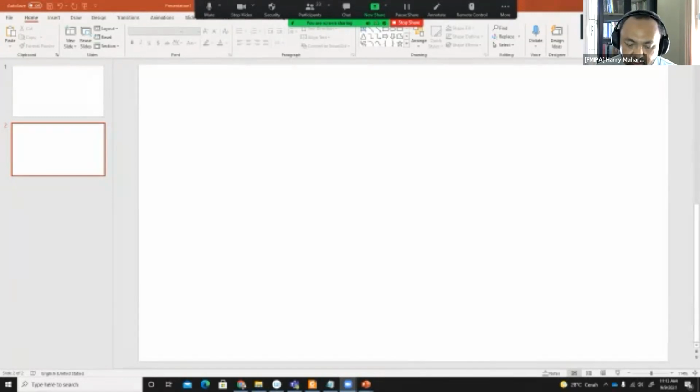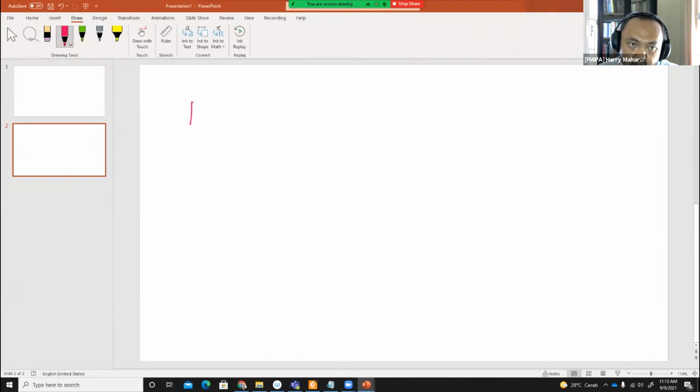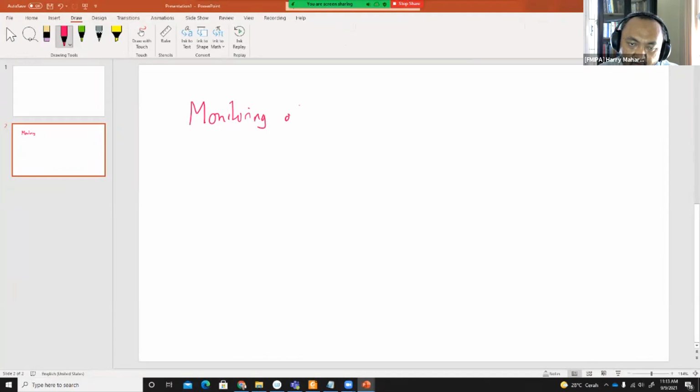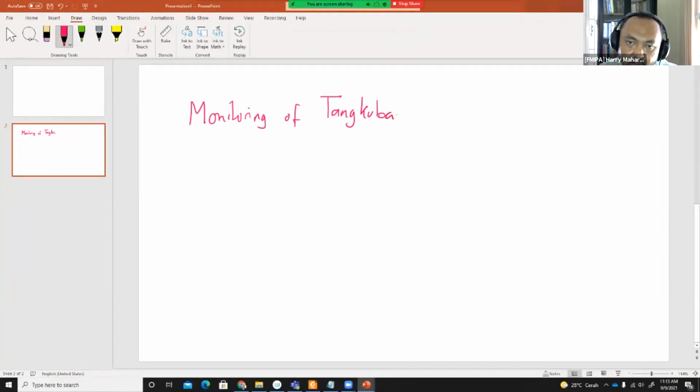Okay, so for example, if we are going to look for a certain topic, for example, in Earth physics, I'm going to write: monitoring of Tangkuban Perahu volcano.